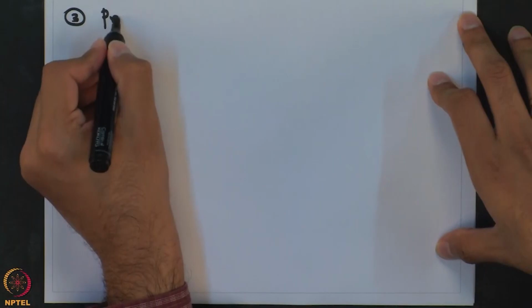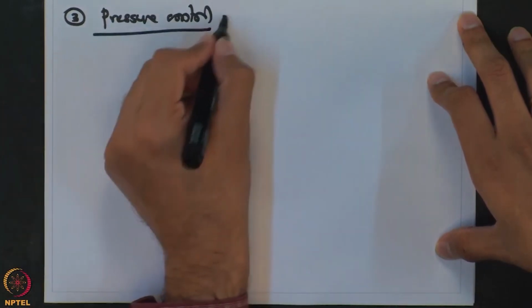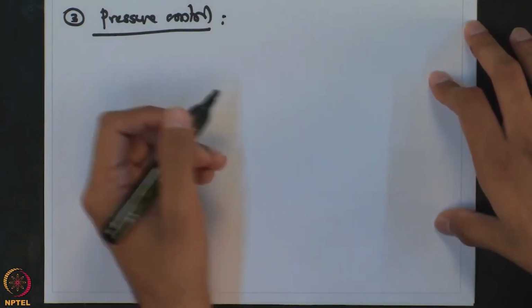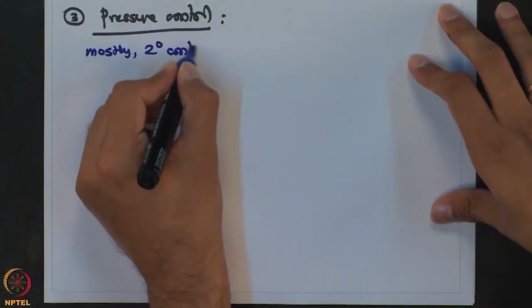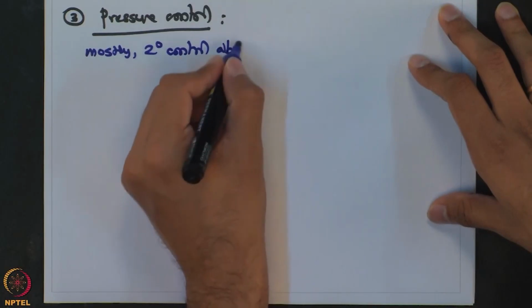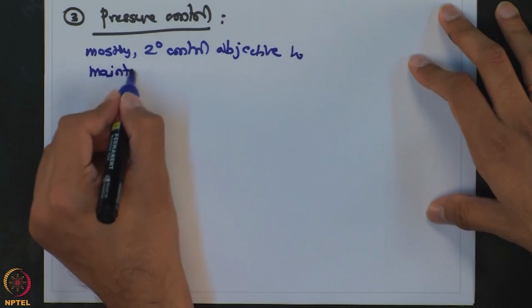Next we go to pressure control. Similar to level, pressure control is also implemented as a secondary control objective, to maintain vapor inventory.